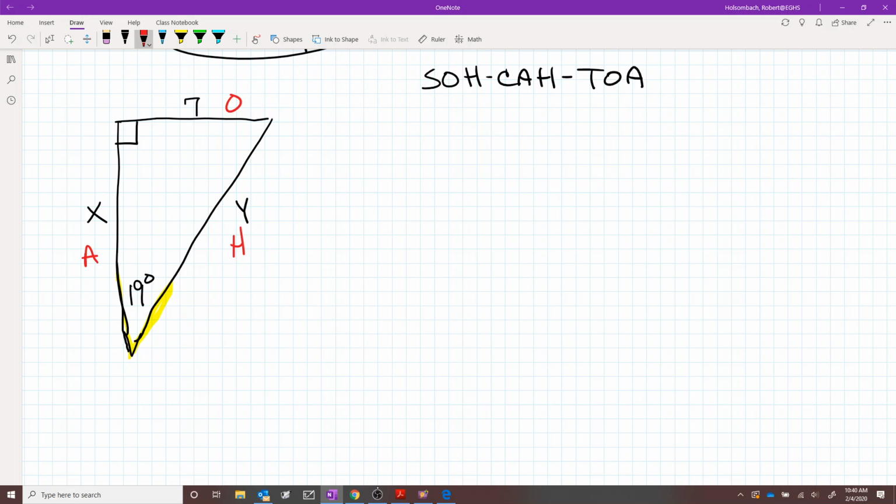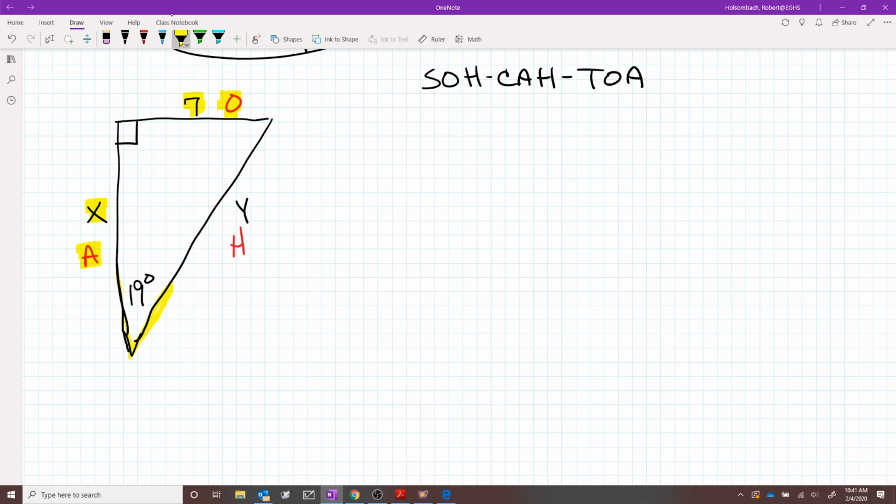You want to solve for the x variable. Okay, so if you're going to solve for this x variable, it's the adjacent side. The other side length that's given is the 7, and it's an opposite side. So you're going to be working with a ratio that deals with adjacent and opposite, which is what?